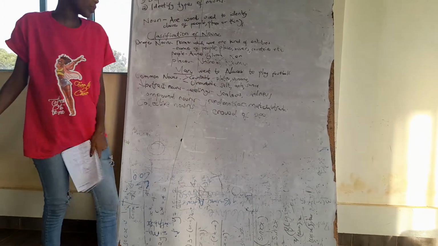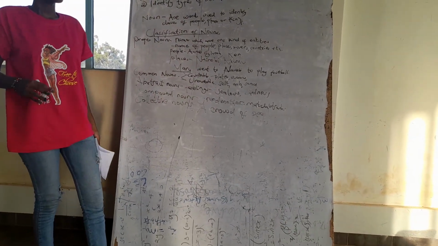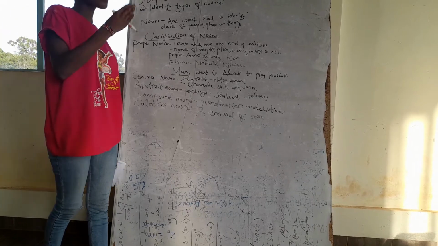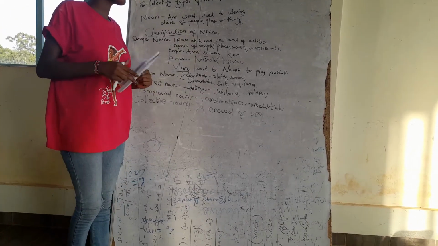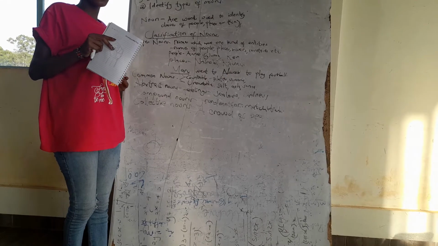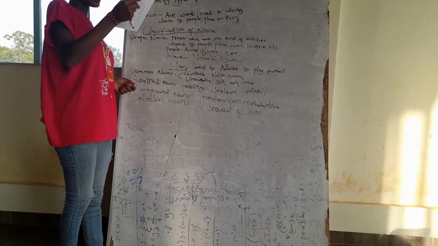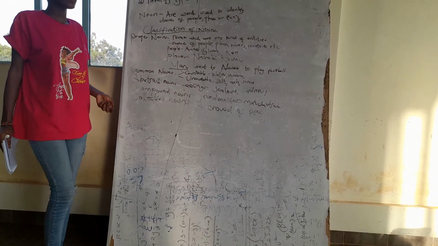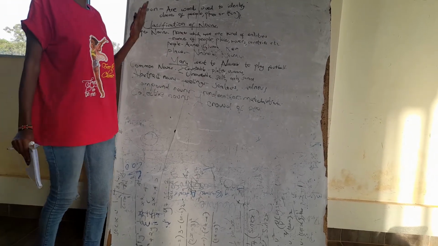A crowd of people could be 1,000 people. So maybe you don't have the time to count 1, 2, 3 until 1,000. You just classify the group as a whole. You can say a pack of wolves, a cluster of stars.